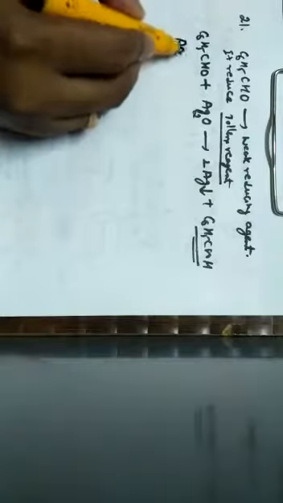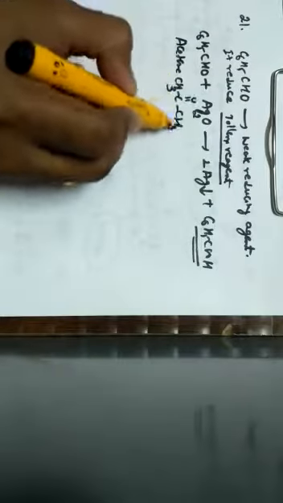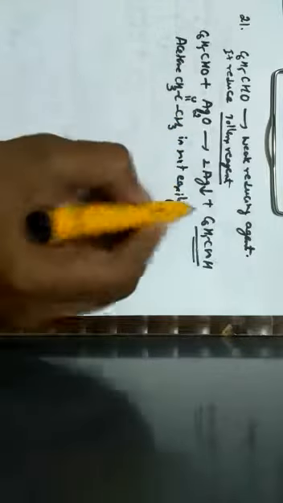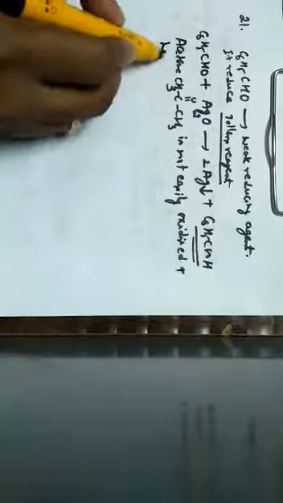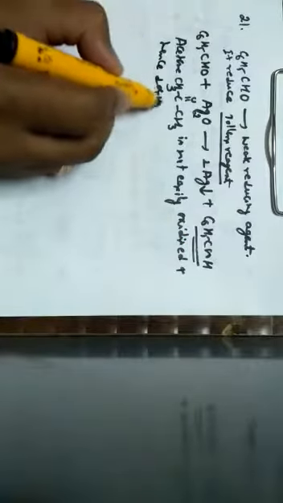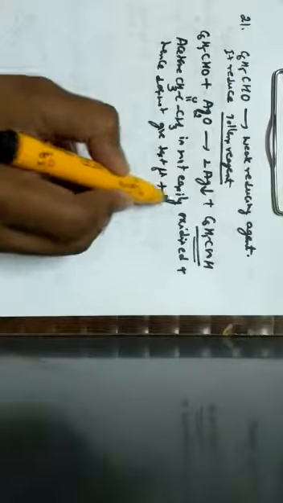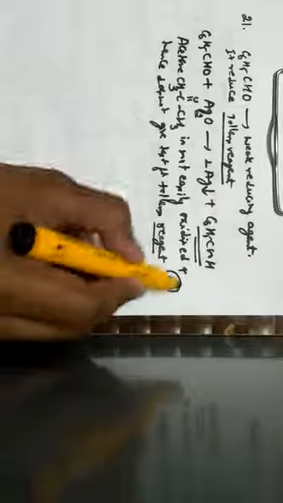But when we take acetone, which is given by the formula CH3COCH3, this acetone is not easily oxidized and hence it does not give the test for Tollens reagent. Hence, the correct answer for this particular question is option D, which is nothing but the Tollens reagent.